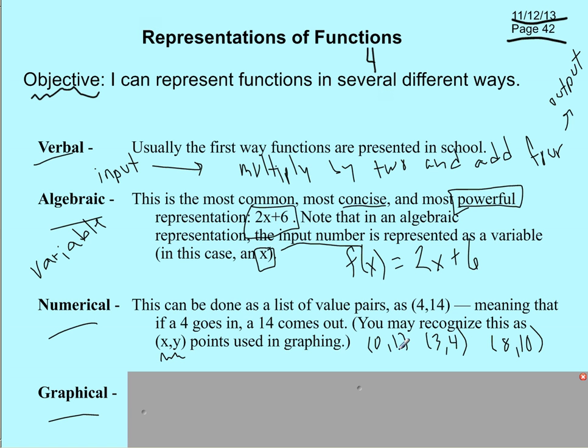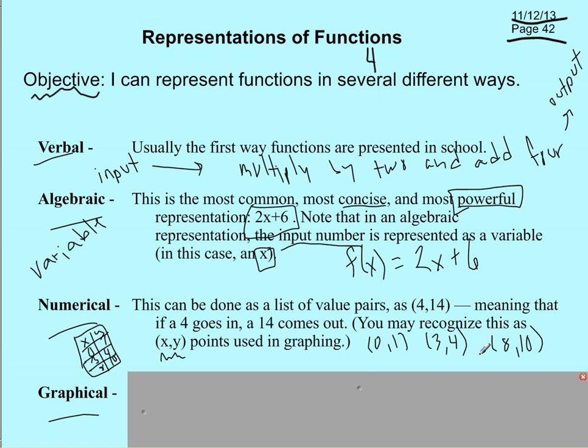So you go over 0, up 1, over 3, up 4. You might also see a numerical representation shown as an XY table, which you guys should be pretty good at finding at this point after the work we've been doing this week. So you'll have your x's and your y's, and you'll have a table showing what the rule is. So 0, 1, 3, 4, and 8, 10.